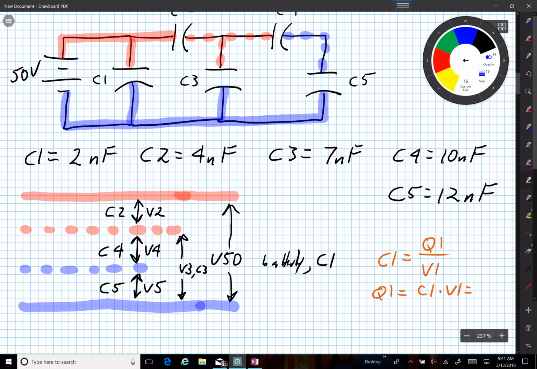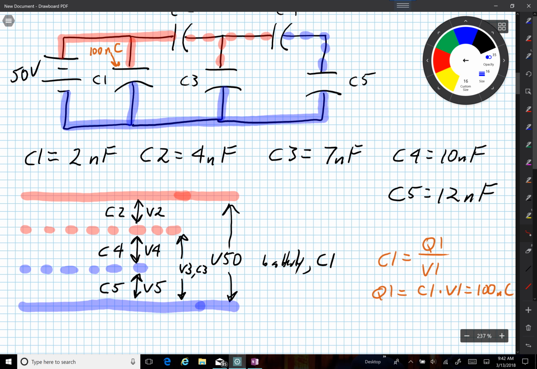C1 is 2 nanofarads, V1 is 50. So it's going to be 100 nanocoulombs. So I can say on here is 100 nanocoulombs on C1. Okay, I can immediately do that because I know a voltage. I don't know any of the other voltages, so I need to do some equivalent circuit work. And I see that there's nothing else in parallel.